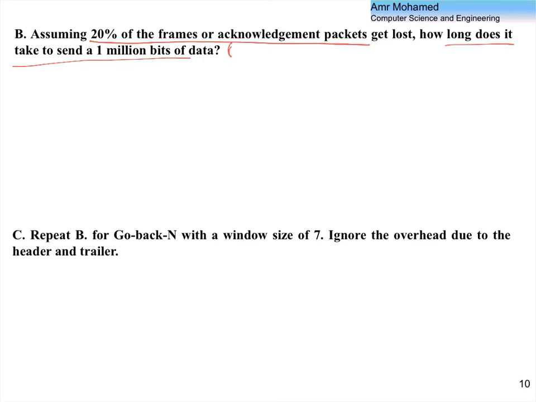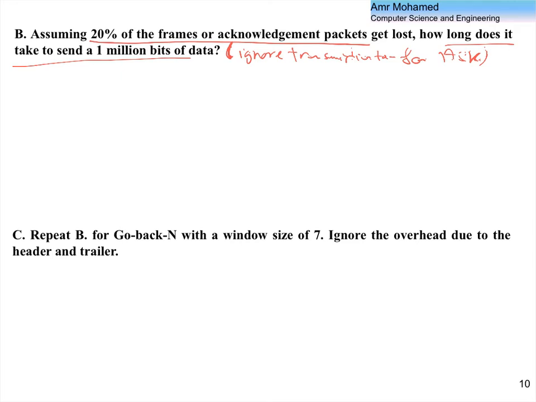I should here write: ignore transmission time for acknowledgement. This should be put so that you don't get confused, because the transmission time is based on the length of the frame, right?